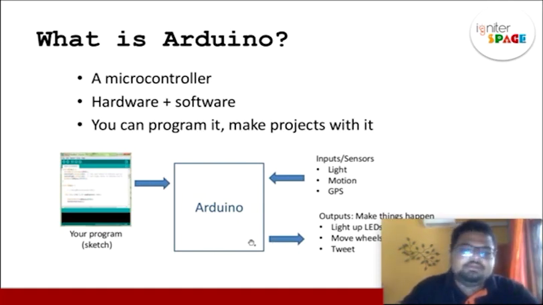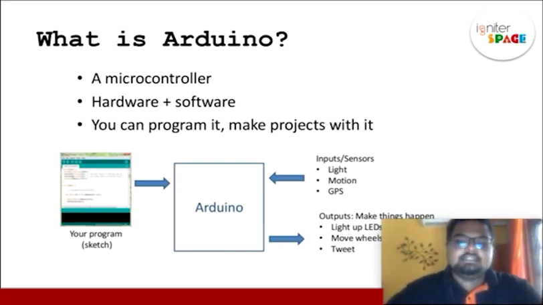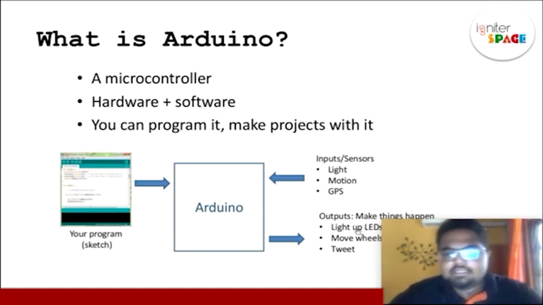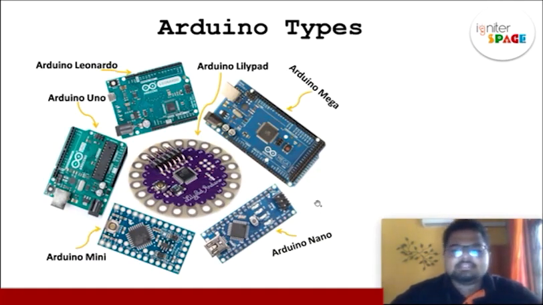And the Arduino as a hardware can take in different electronic signals using different sensors like light sensors, motion sensors, position sensors, and of course we can output electric signals and make the world see that, or make us see that, through lighting up LEDs, moving wheels through motors and things like that. There are various types of Arduino boards. This Arduino is one type of microcontroller.